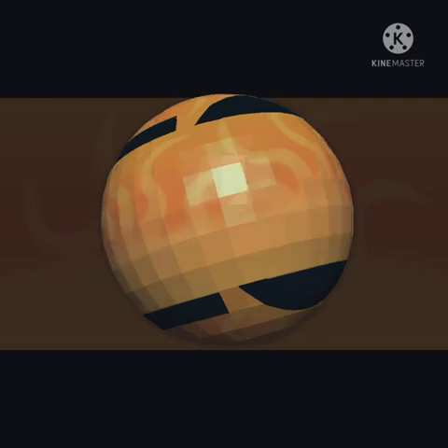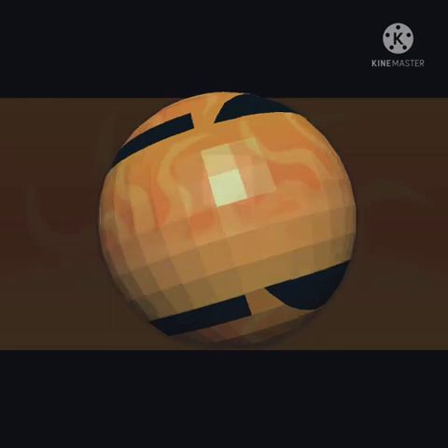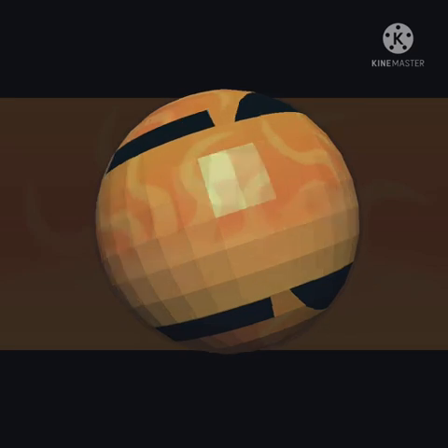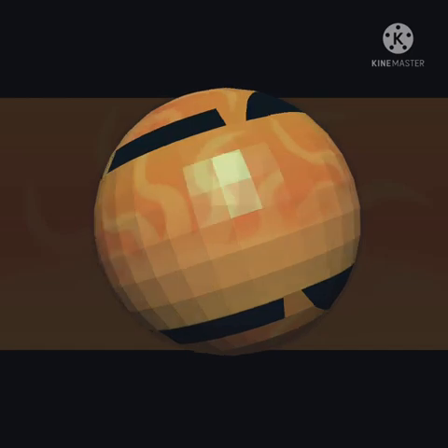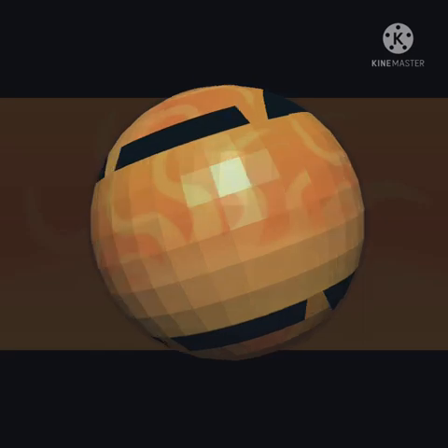The sun throws three types of light: white light, ultraviolet, and infrared light. Ultraviolet is harmful for skin, and infrared rays are used in photography. Now the next one: only that part of the sun's radiation which reaches the earth is called insolation.